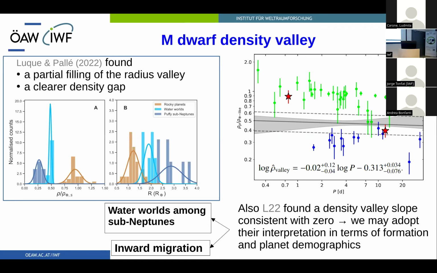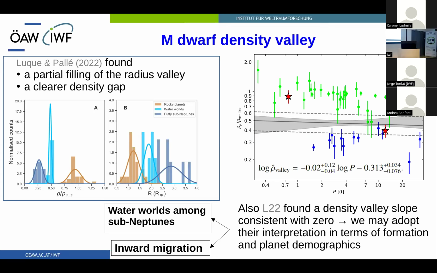What they found was that if they make a distribution of the planet sizes around M dwarfs, they could distinguish three different categories: the rocky planets with the brownish bars, the steam worlds, water worlds, with the light blue bars, and the puffy ones with the indigo bars. But here actually a valley is not really seen, okay? As I emphasized before also in the previous plot, it's not clearly seen.